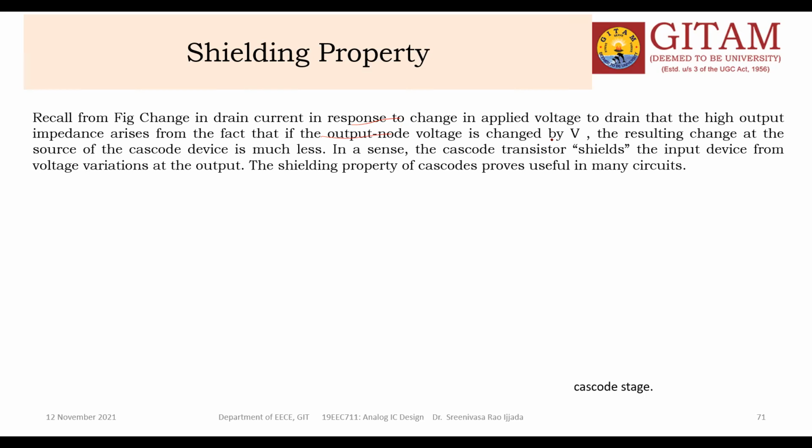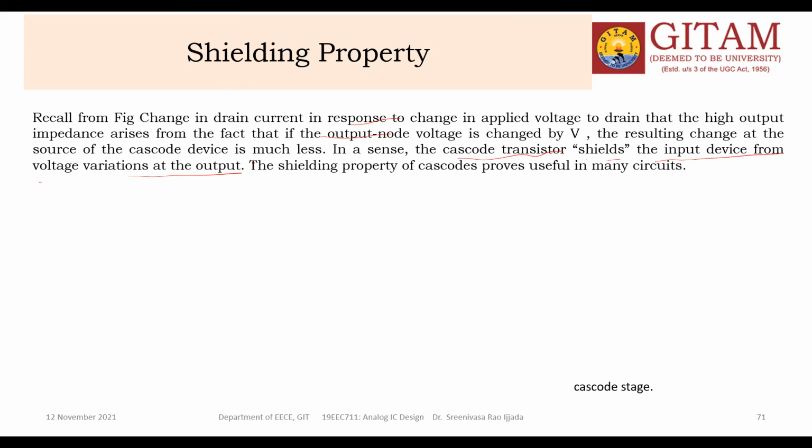In essence, the cascode transistor shields the input device from the voltage variations of the output. The shielding property of the cascode proves useful in many circuits. This is the sentence you need to remember.